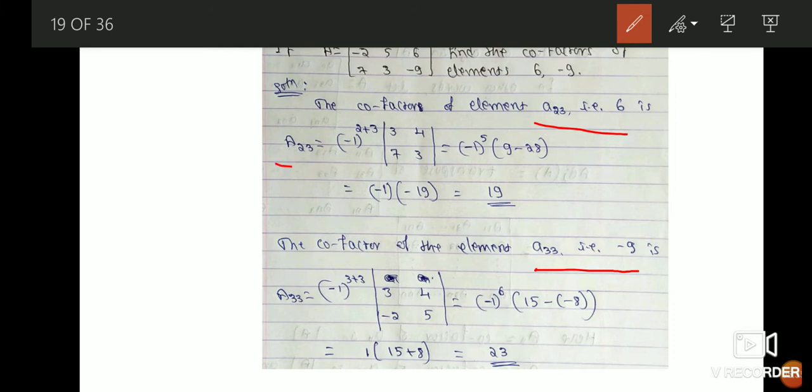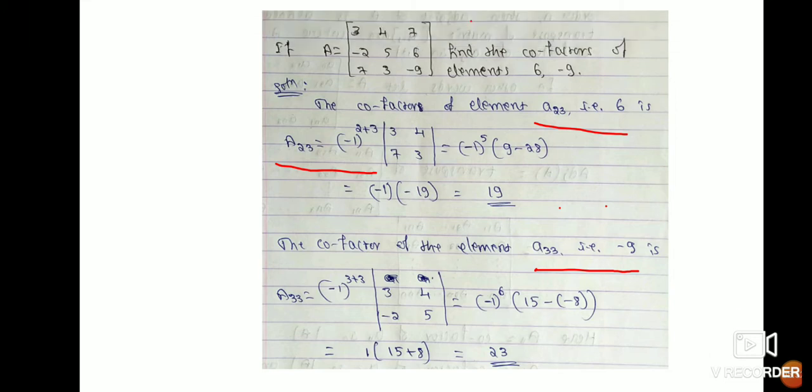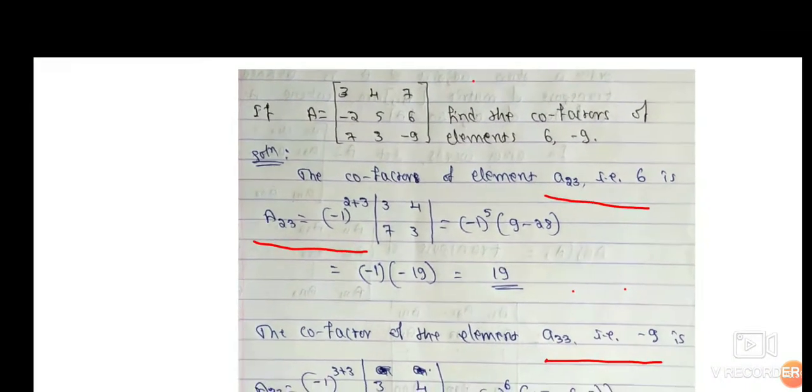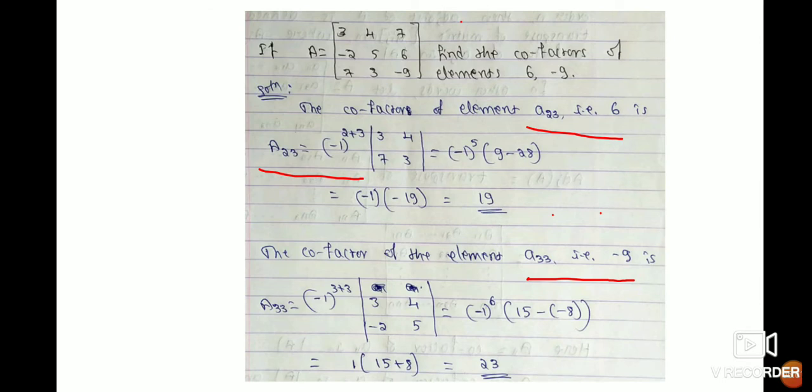Then to get the cofactor, you have to write capital A23 equals minus 1 to the power 2 plus 3. Then the element in the second row and third column, we have to remove those elements. The second row, that is 2 5 6, we have to remove, and the third column, 7 6 minus 9, that also we have to remove.